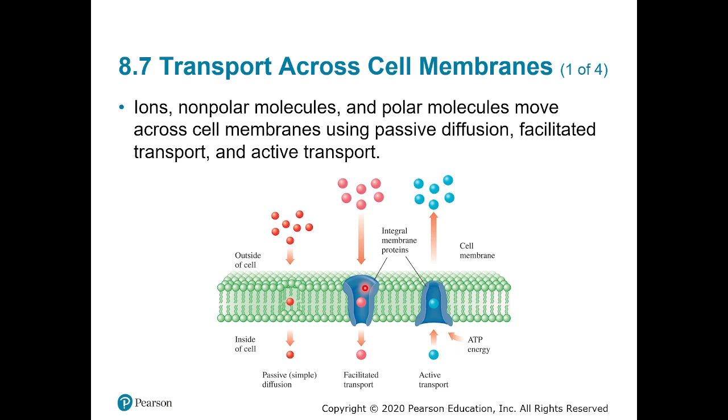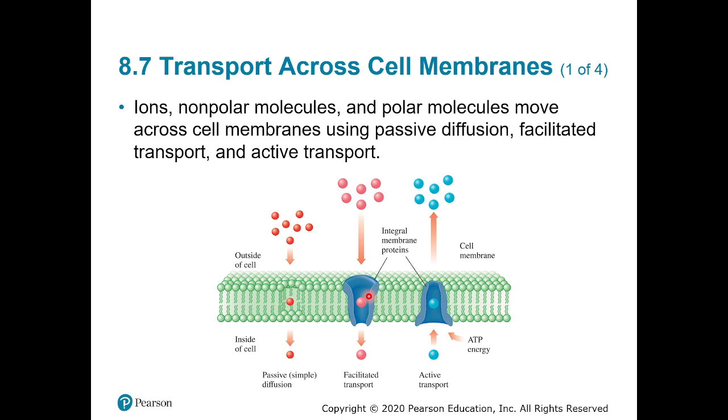The difference between passive simple diffusion and facilitated transport is that these are things that won't be able to go through the cell membrane. The big one is any salt. For example, magnesium, sodium, they can't go directly through the cell membrane. They're charged, and they can't go through the non-polar environment, which is the cell membrane.